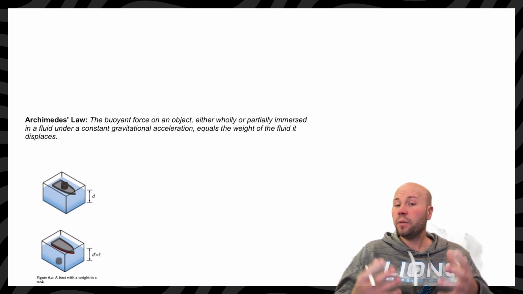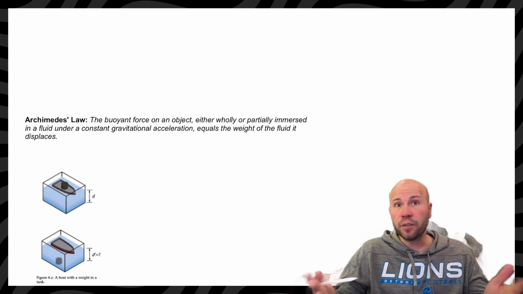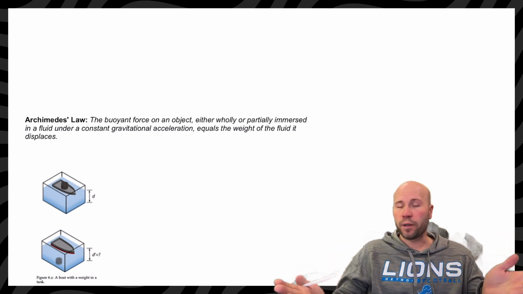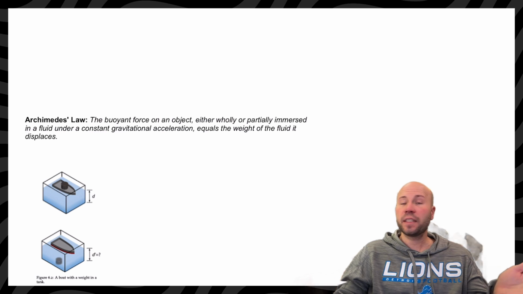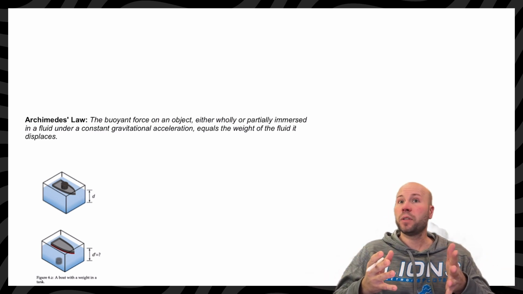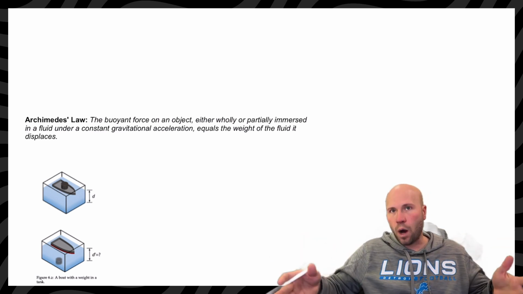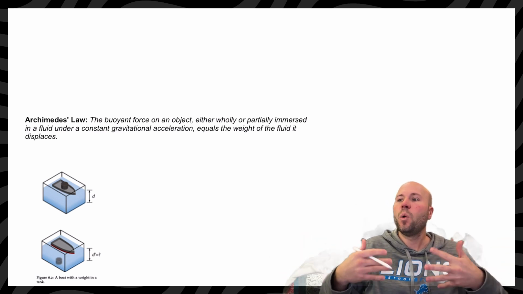Why does it float? Not because the boat is made of material that is less dense than water. We know that we can make boats out of steel and they still float. The important point is that the boat, the object, whatever, displaces a greater mass of water than it itself weighs.